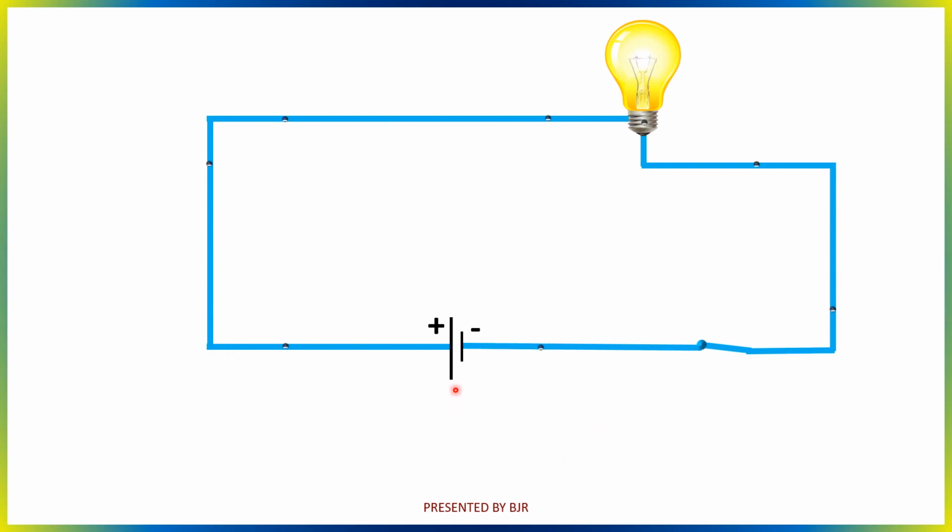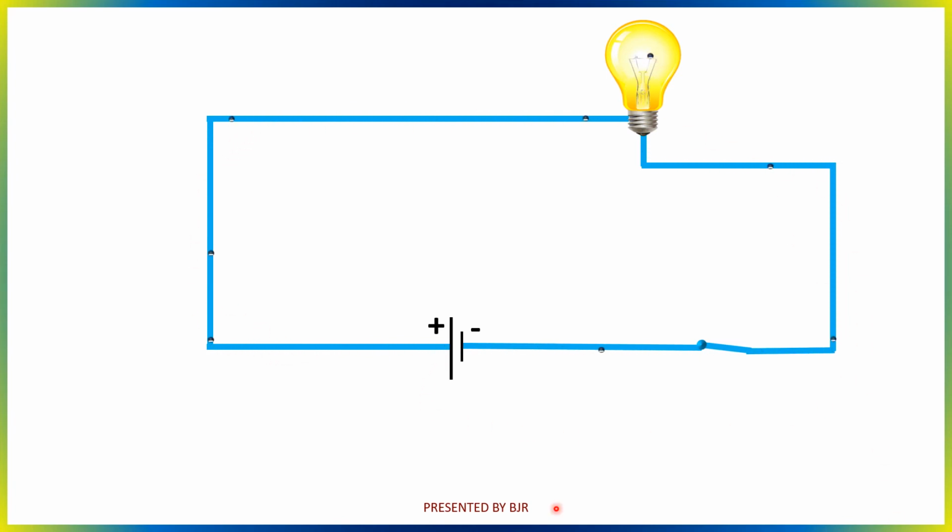Just now I told you the positive terminal of the battery is at higher potential than the negative terminal of the battery. So current always flows from a point of higher potential to a point of lower potential. According to that rule, we have to show the conventional current direction from positive to negative terminal like this.